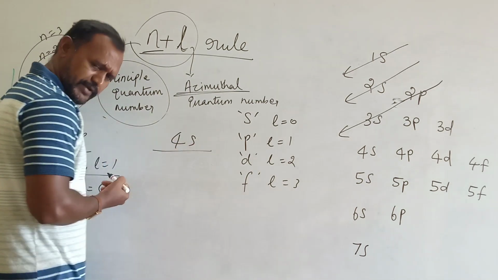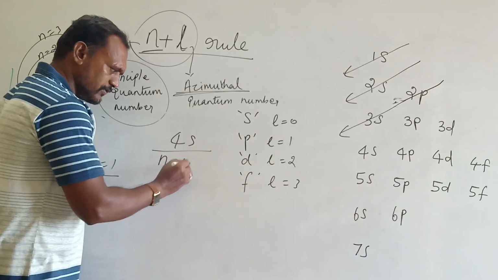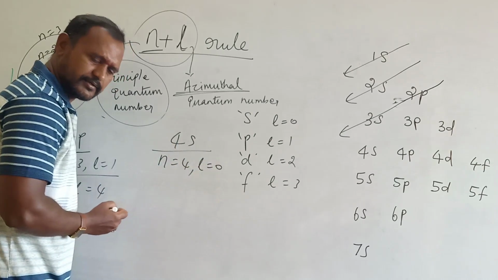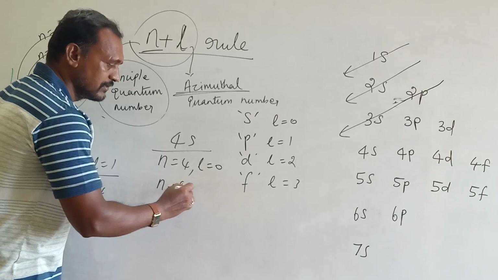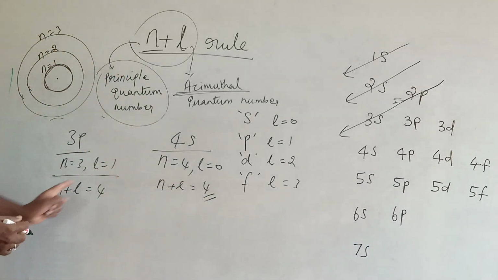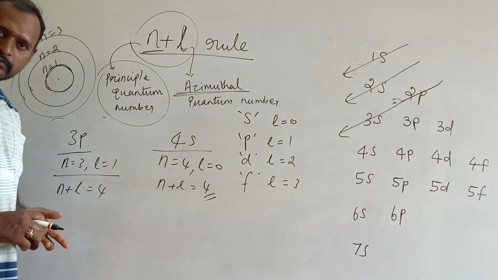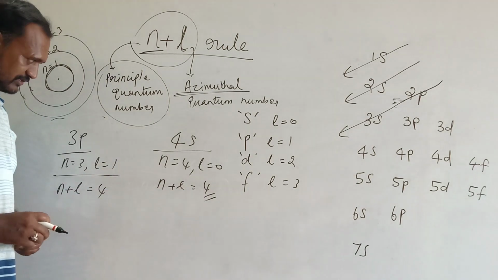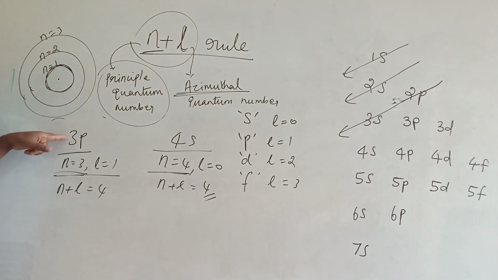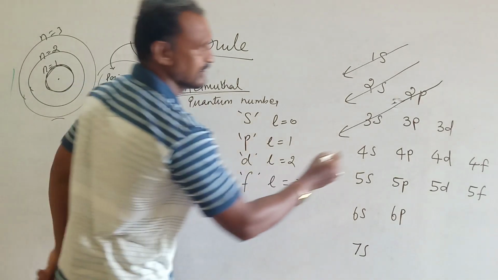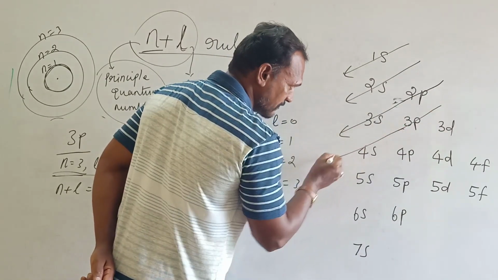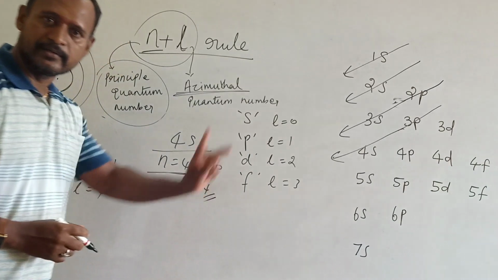Here for 4s, n equal to 4. For s, l equal to 0. Okay, good. For n plus l, 4 plus 0, 4. Both are having the same n plus l value, so which is having less energy? We should find the n value, which is having less n value, 3p. So 3p is filled before 4s. Okay, 3p and 4s. Are you clear?